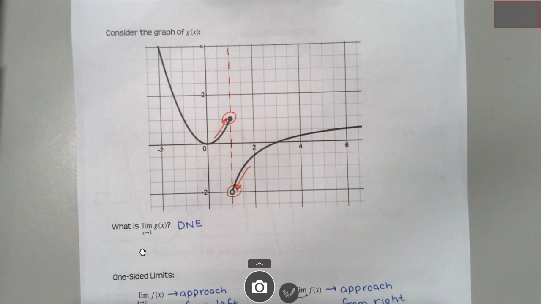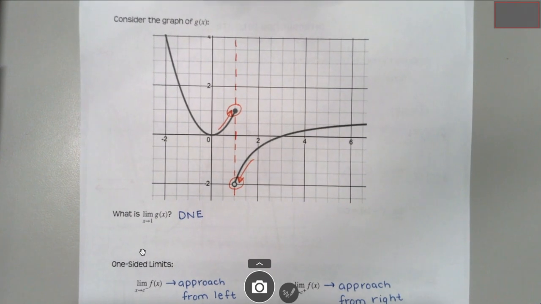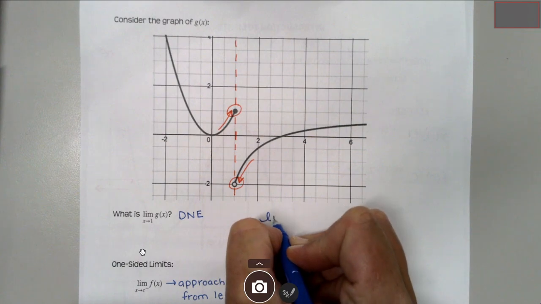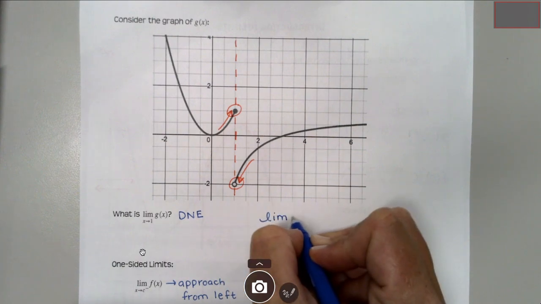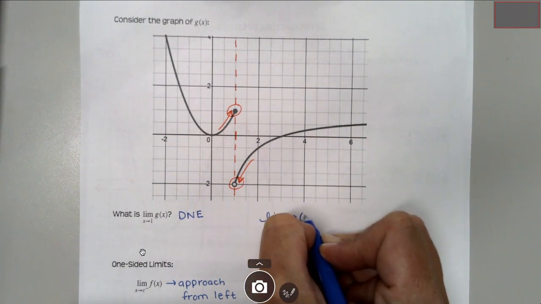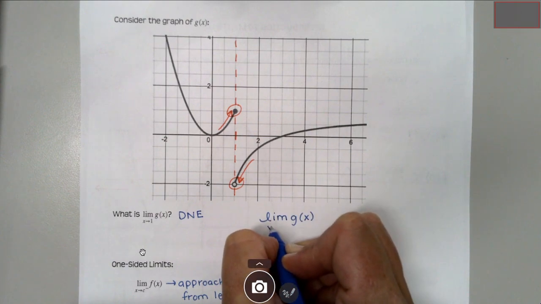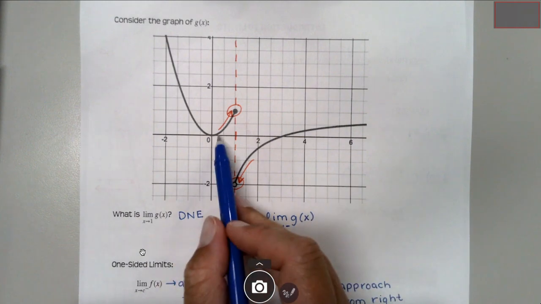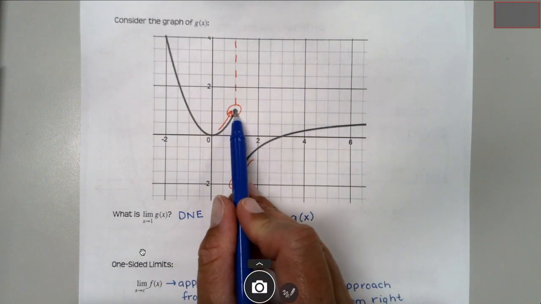Okay? And if I had to justify this, and this is going to be important that you're writing this with proper notation, I would say something like the limit of g of x as x approaches 1 from the left. As we're approaching from the left, that value is equal to 1.